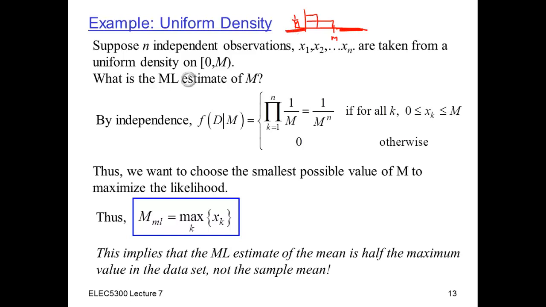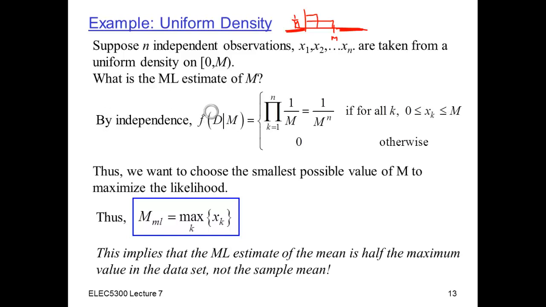Then the question is, what's the maximum likelihood estimate of m if I have a set of data? Here, again, I have to assume that they're all greater than or equal to 0. And obviously, you'd also expect m should be bigger than the largest value of the data, because otherwise it wouldn't make any sense. So let's take a look at what we get from this example.